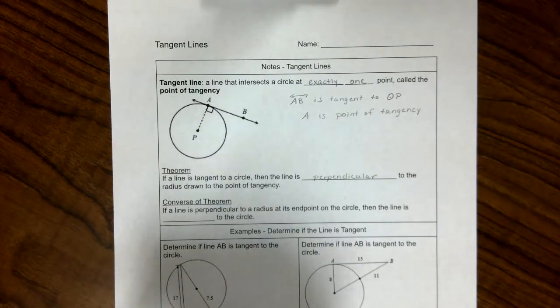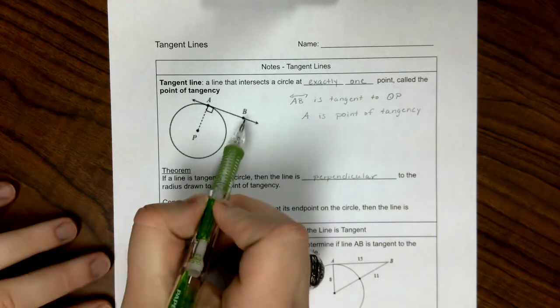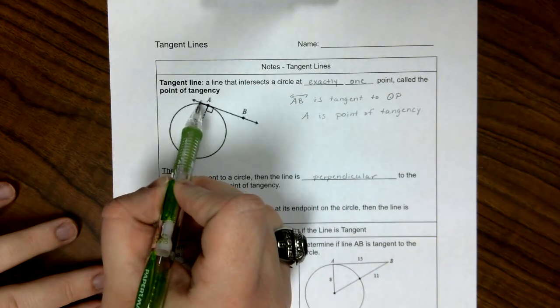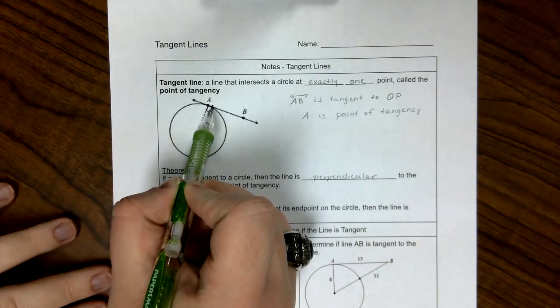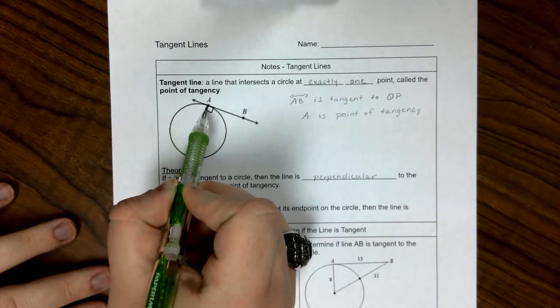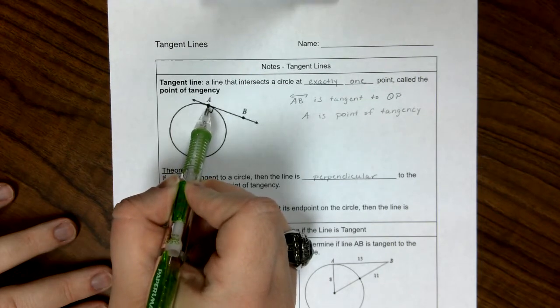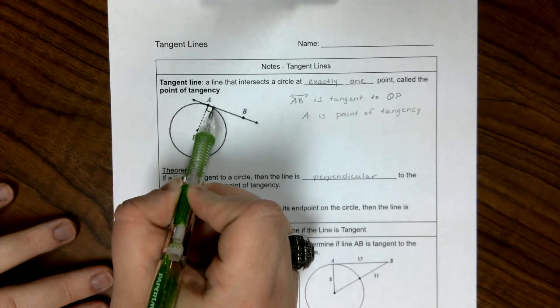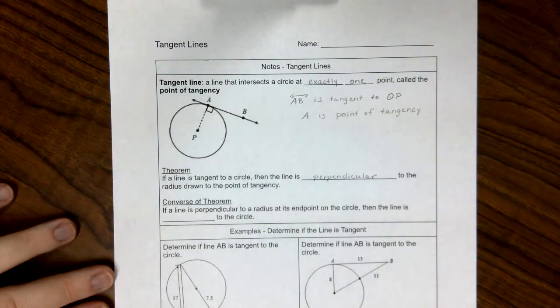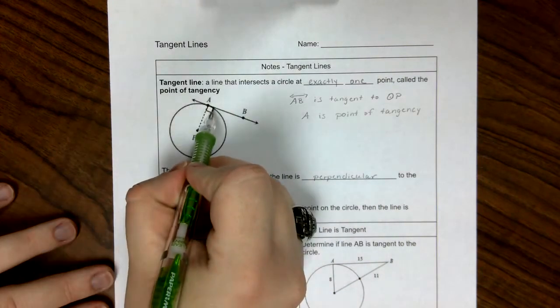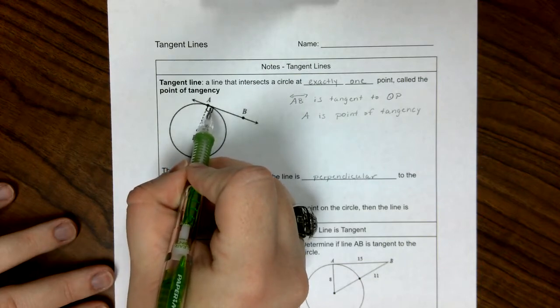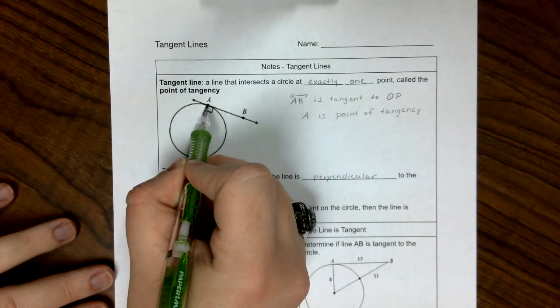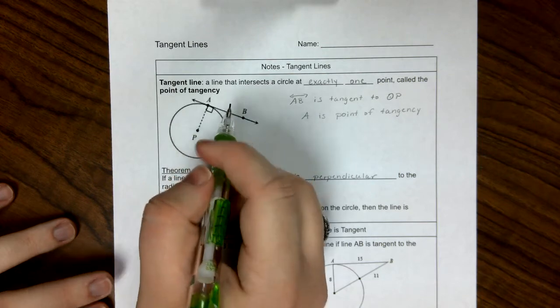So here's what that means in not math talk. If this line touches the circle one time, then where the line and the radius of the circle intersect right here, it's going to make a 90-degree angle. Okay? If that angle is anything except 90, then this line is not tangent. Okay?